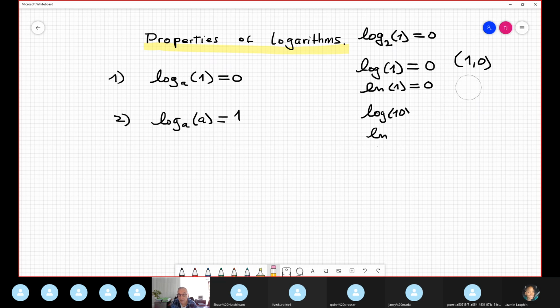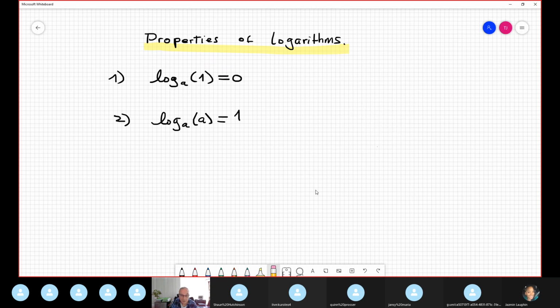Okay, let me erase everything. This is totally complementary. Okay, property number 3. Number 3 and number 4 are very similar. Let me explain. I want to copy both. Suppose log base a of a to the x is equal to the identity function, x.